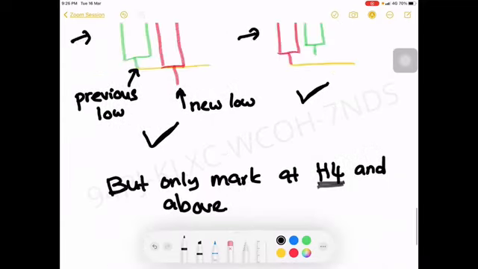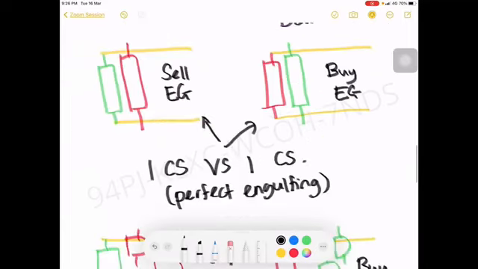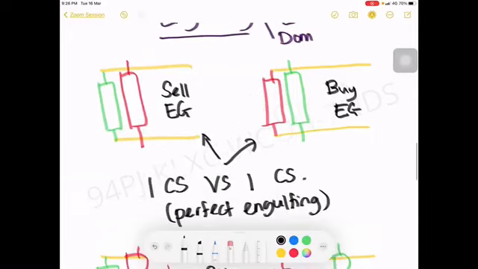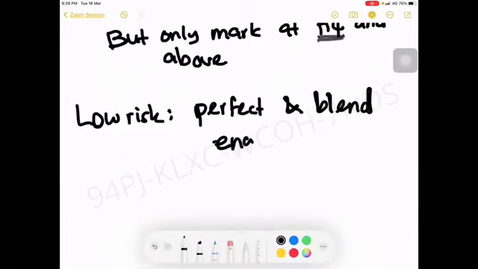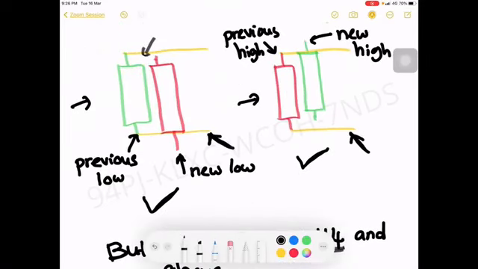But this one is an engulfing. The high risk is these two.